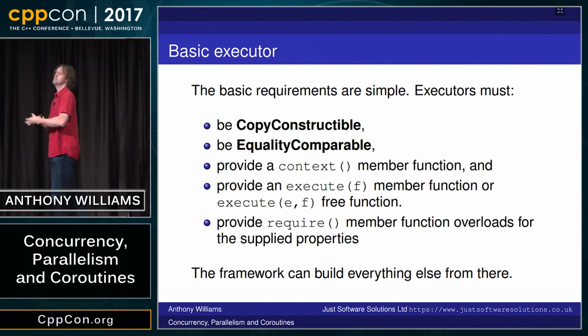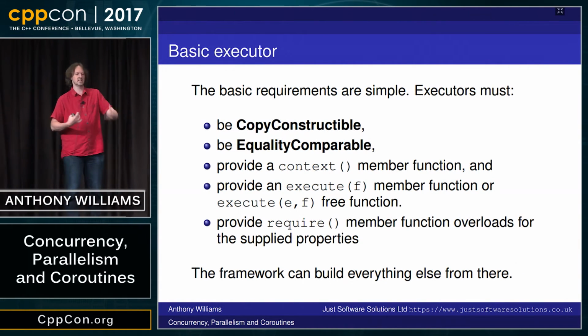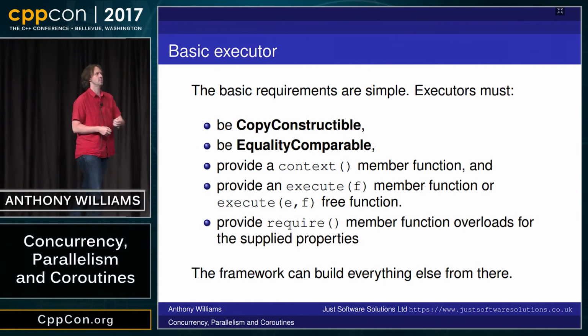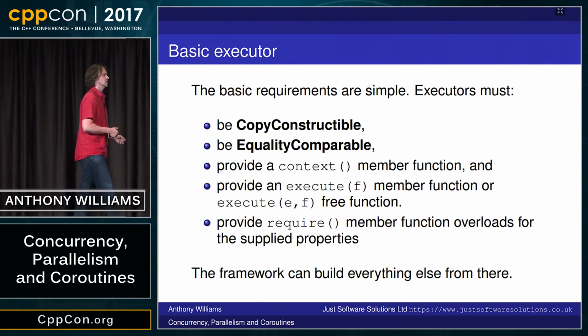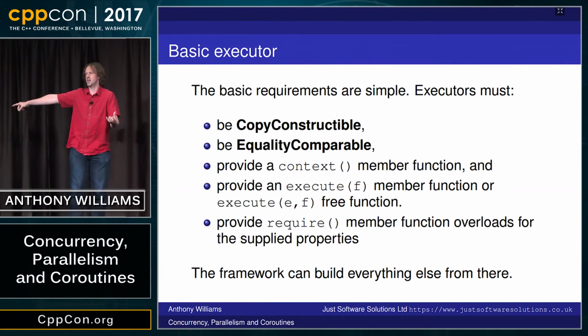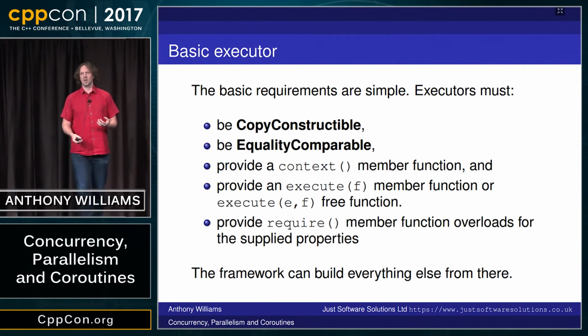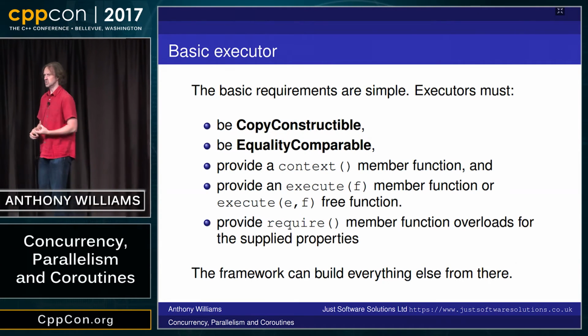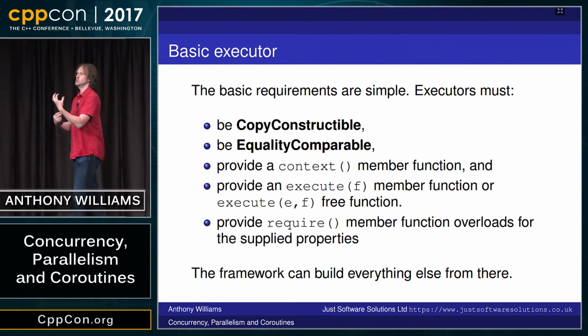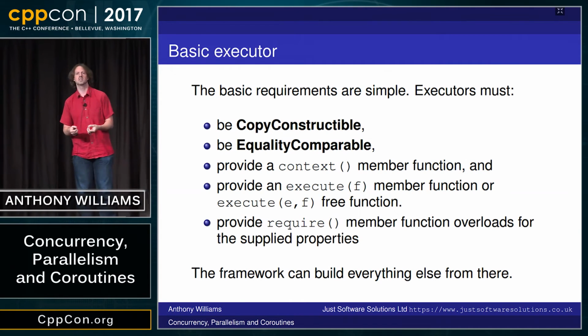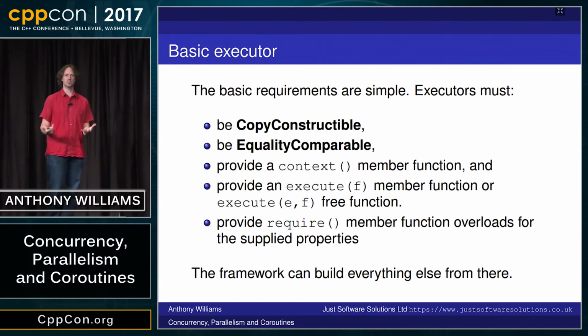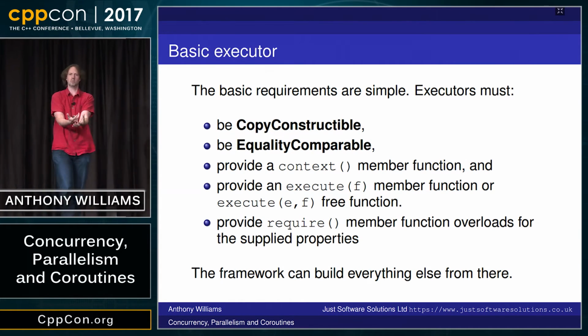It has a basic concept of what we mean by an executor in this case. It is something that is copy constructible and equality comparable. So you can say, is this the same executor that I had over there? And I can freely copy it around. It provides a context member function, which tells you what the execution context is. So for example, if you're trying to implement a thread pool, then your execution context is the thread pool itself.